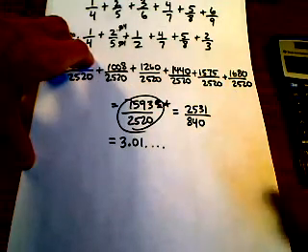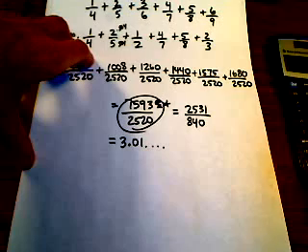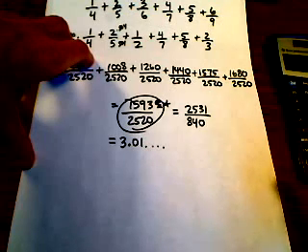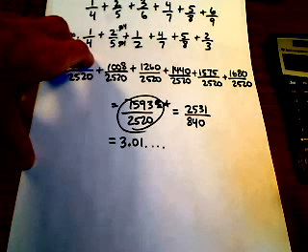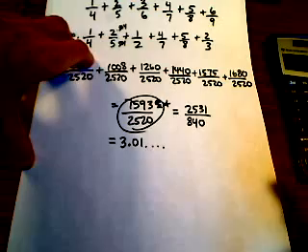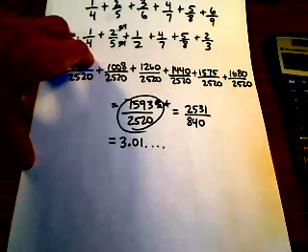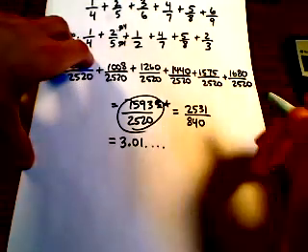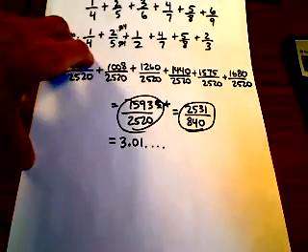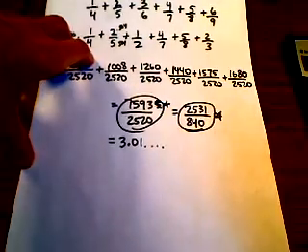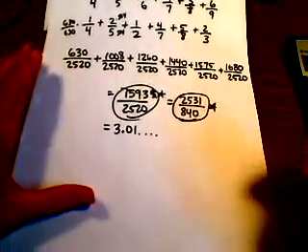Let's see if it's still reducible. I don't see it reducing beyond that. So this is probably your answer. This is probably what they're looking for: 2531 over 840.